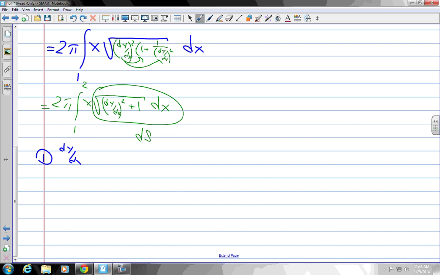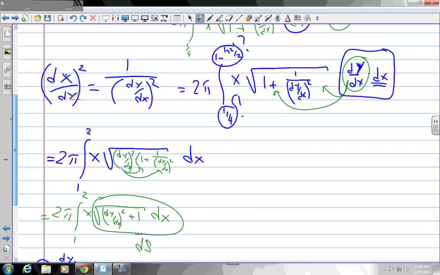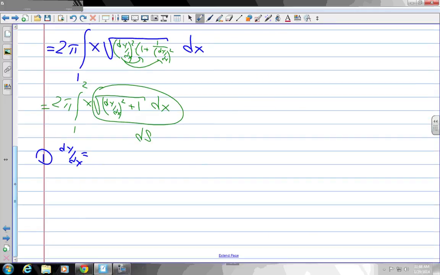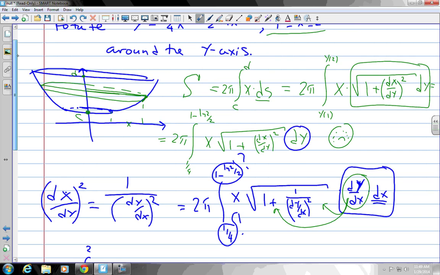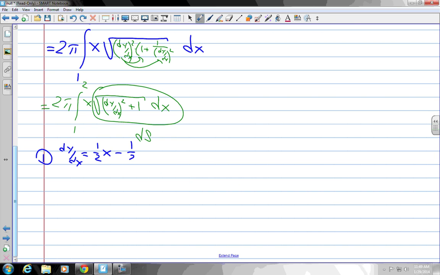So the derivative, what's the function? 1/4 x squared. So the derivative is 1/2 x minus 1/2x. Right?